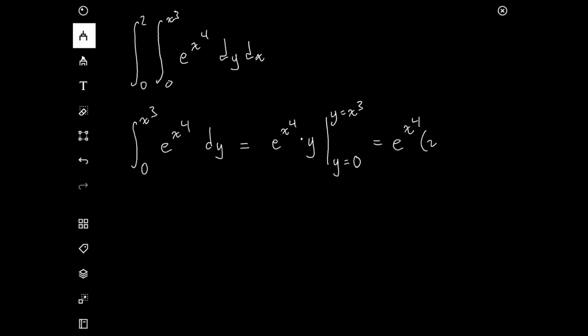We get x to the 3rd minus 0, which is then just x to the 3rd e to the x to the 4th, which then goes back into our second integral. x to the 3rd e to the x to the 4th dx.